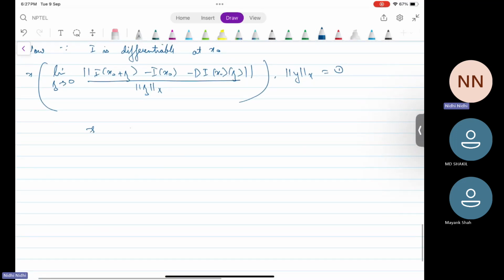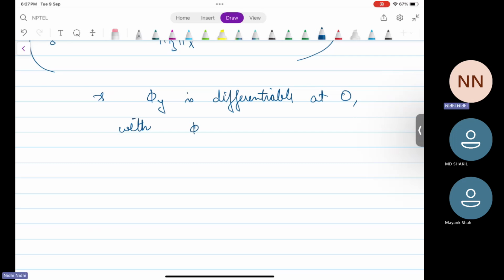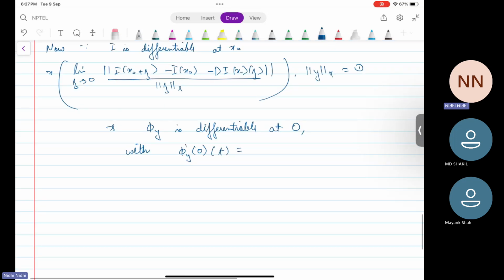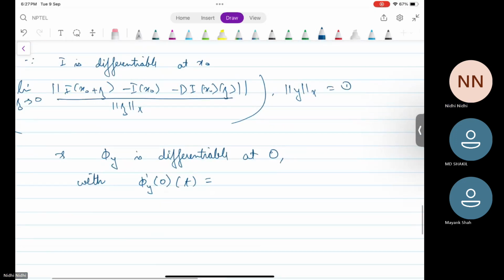This implies phi y is differentiable at 0 with the derivative, instead of d phi y, I'll write phi y dash at 0. This is a linear map and it is defined to be equal to t times the derivative of I at x naught at the point y.